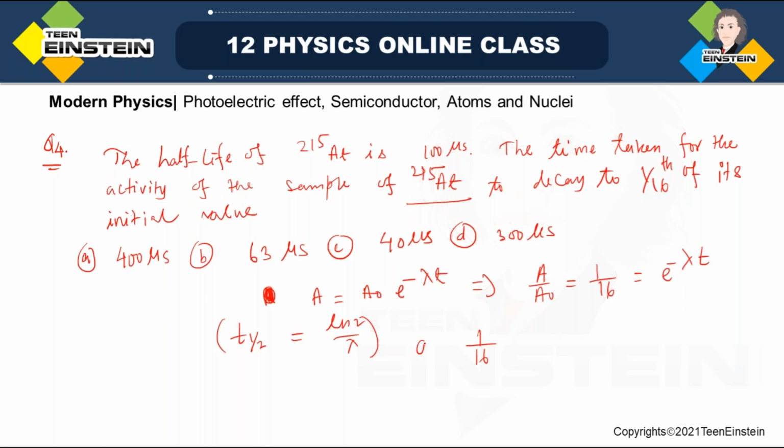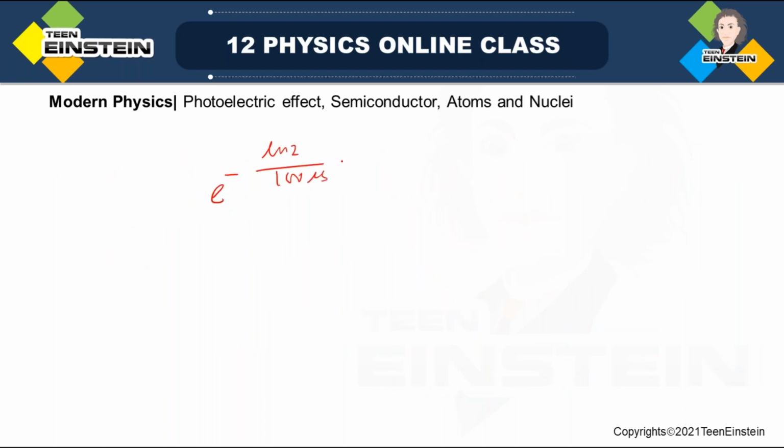So 1/16 is equal to e to the power minus t, I have to find out this t, and ln2 divided by t half. So look, minus ln2 by 100 microsecond into t over here is equal to 1/16.